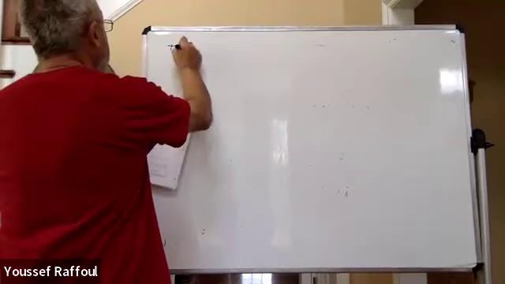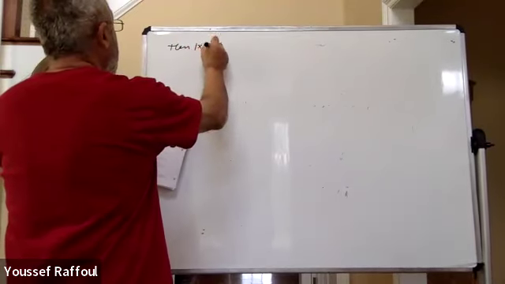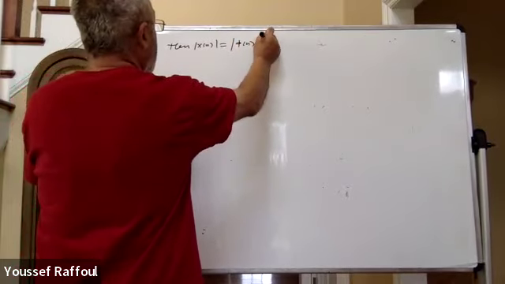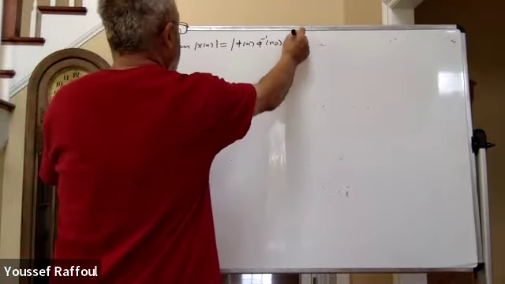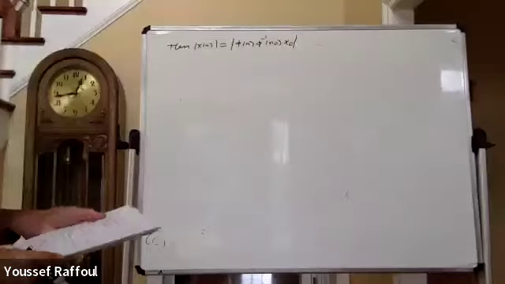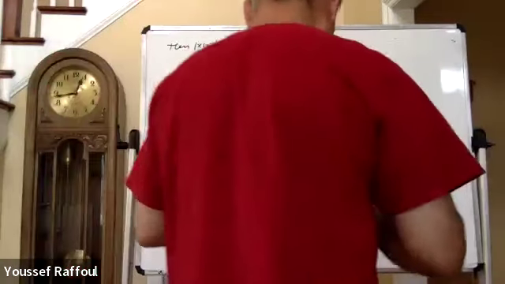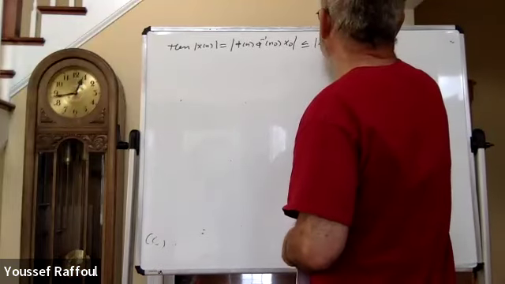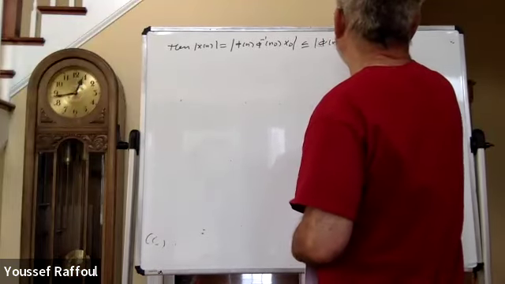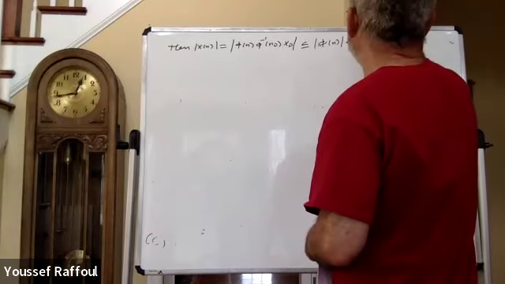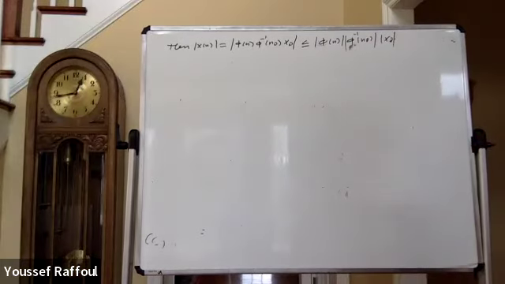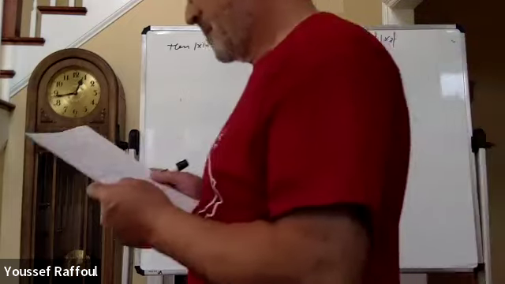Okay, then x_n is equal to phi_n, phi inverse of n_0, x_0. Okay? That is less or equal to phi_n, phi inverse of n_0, x_0. Okay?